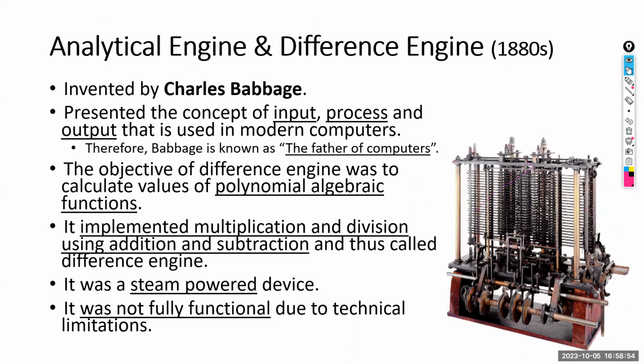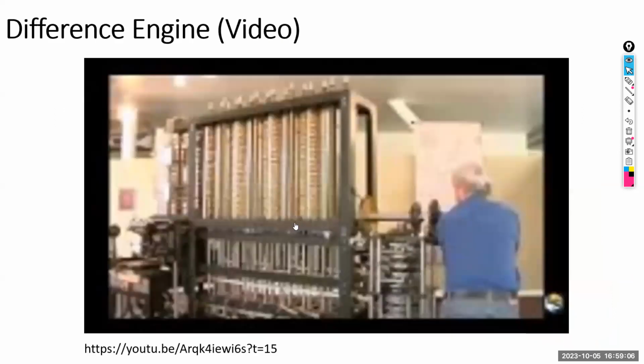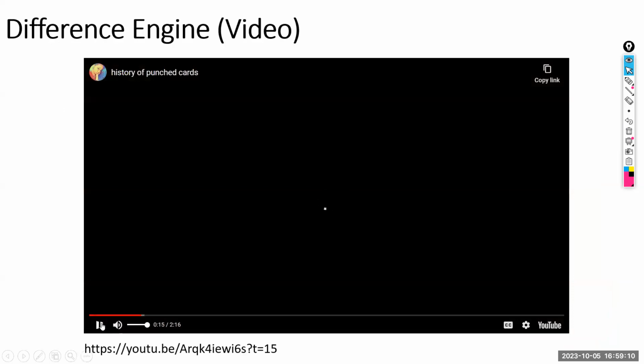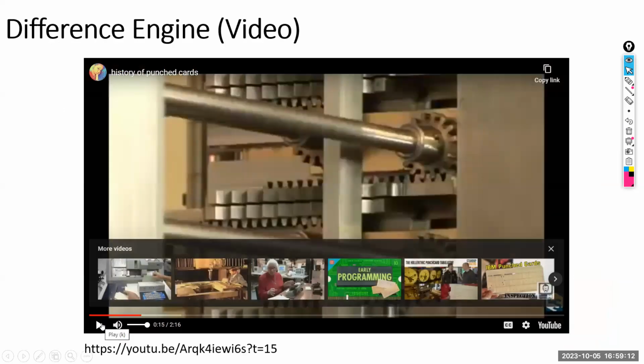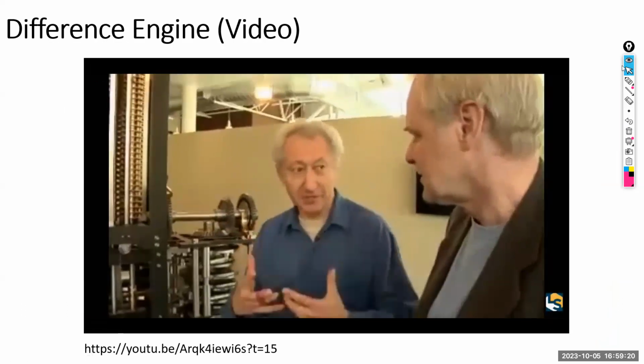So the next important thing is, I told you that it had the input, output, control, and so on. Later on, the museums developed a prototype of one of his devices. You can go to this link. That is the first successful transference of intelligence to machine.